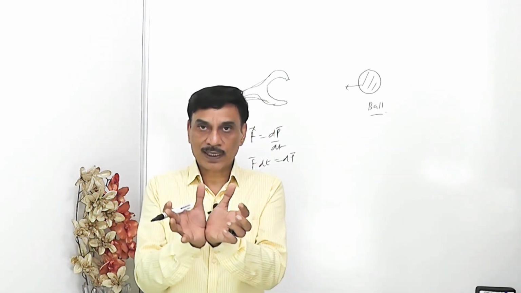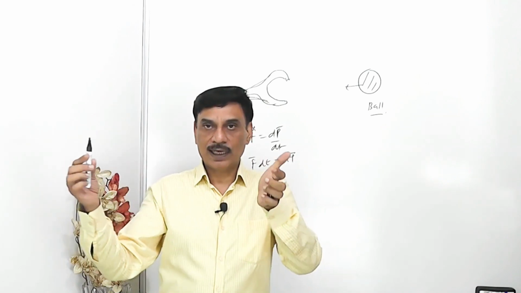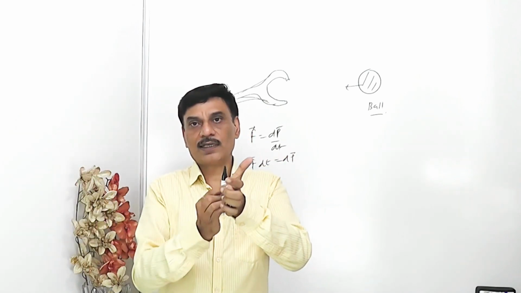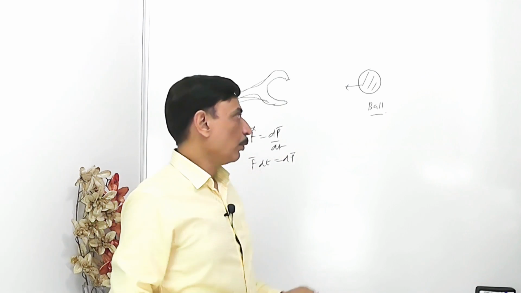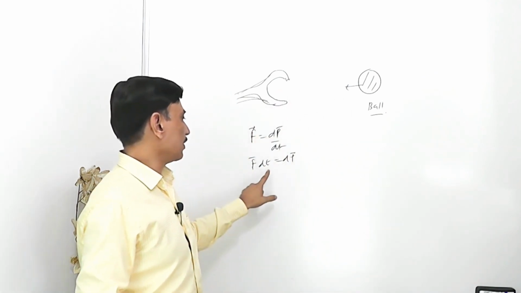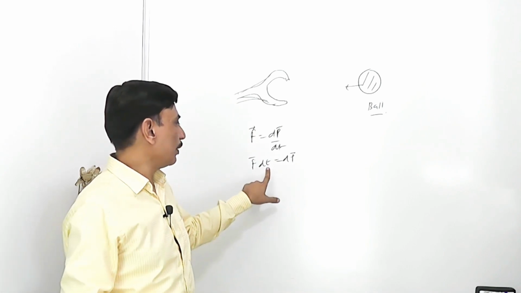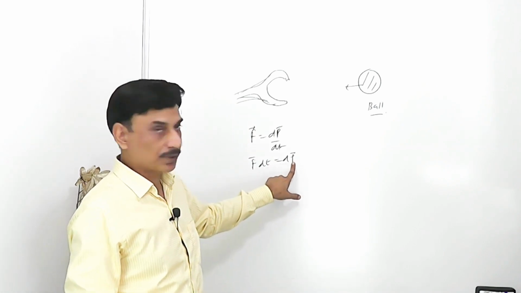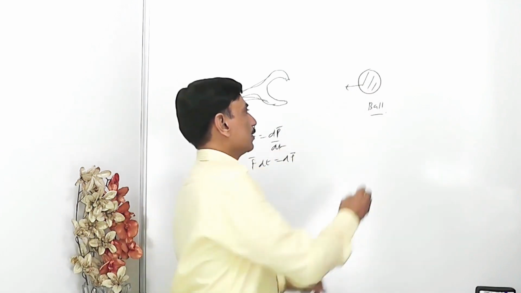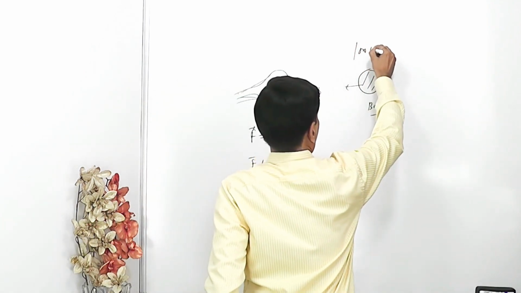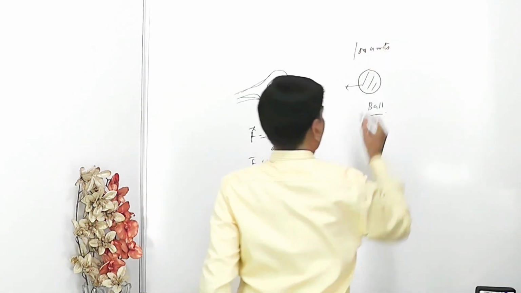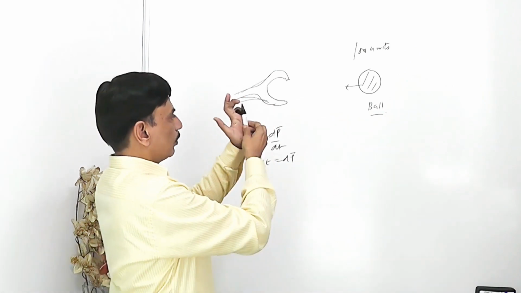When we try to stop it like this, the ball comes and hits our hand and directly comes to a stop. It means the dt value, the time duration, is very, very small. Momentum is fixed. Suppose right now it has a momentum of 100 units. Then it comes over here and stops.